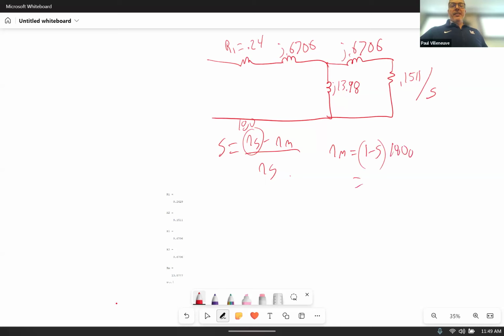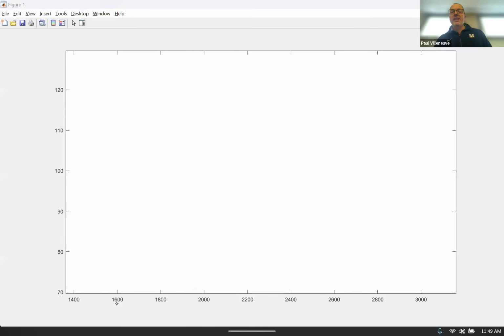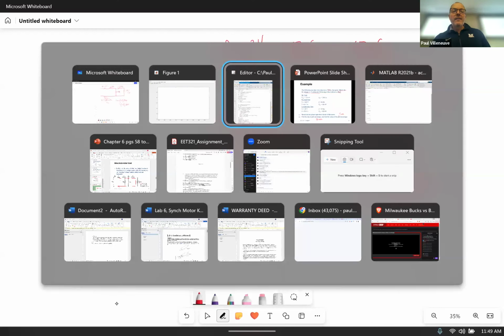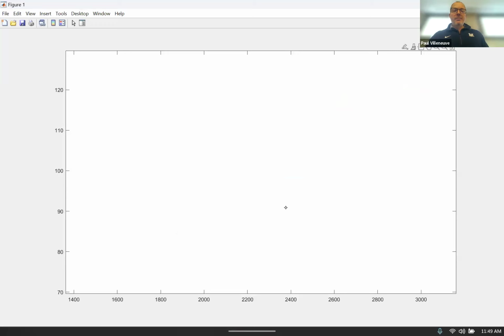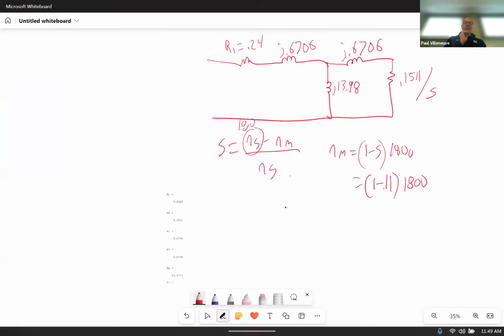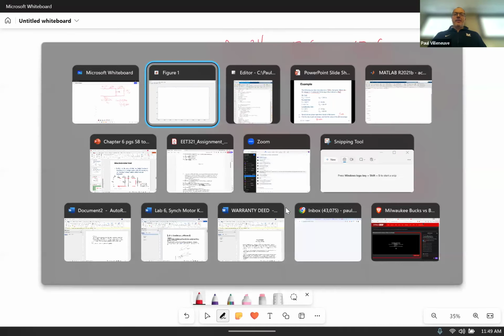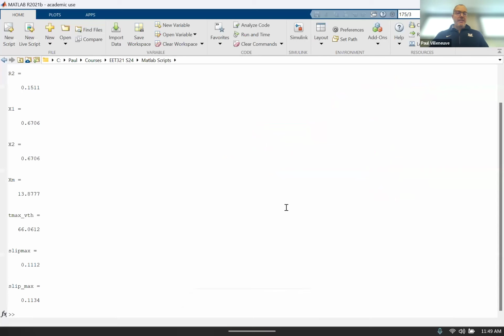If we plug in 0.11 times 1800, we should get around, what did we say it was, 1596? So what is 1 minus 0.11 times 1800? Hopefully around, yeah, 1600, so fairly close. I also think if you look at MATLAB, remember I did that index stuff?